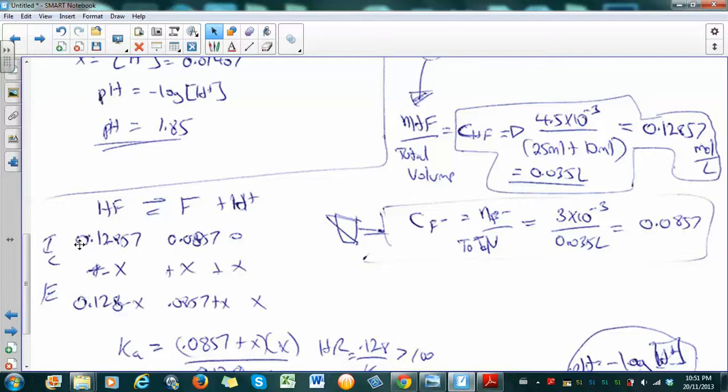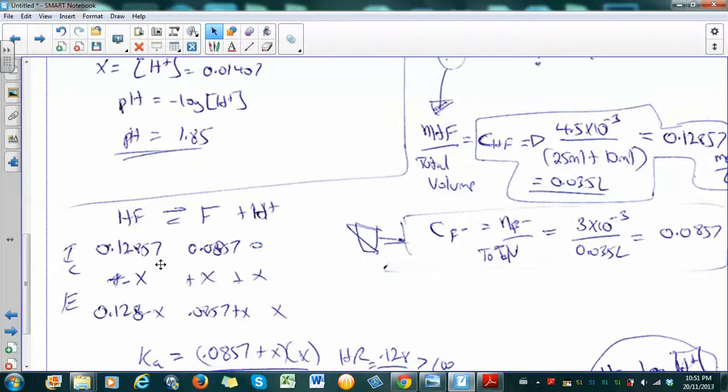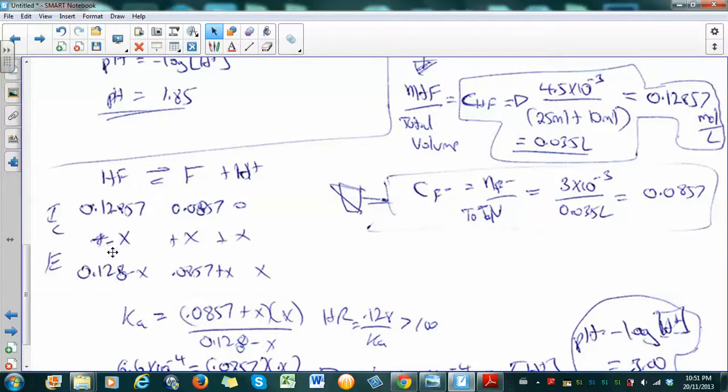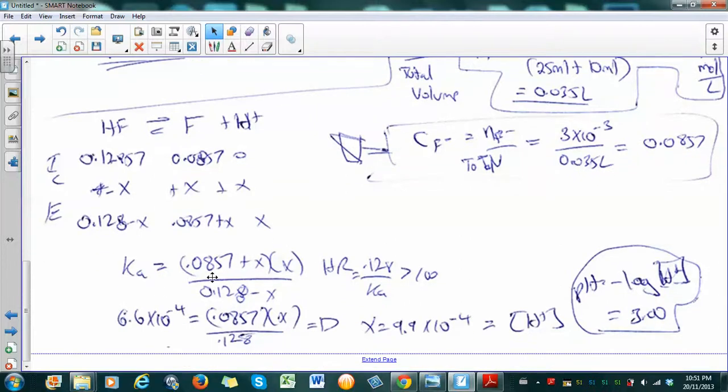Now we go over here, and we have basically the same ICE table. HF goes to F minus and H plus. The initial values are now these two numbers that I have here and here. Then you have the same minus x, x, x, so 0.128 minus x, 0.0857 plus x, and x. Ka is equal to this times that over this number.